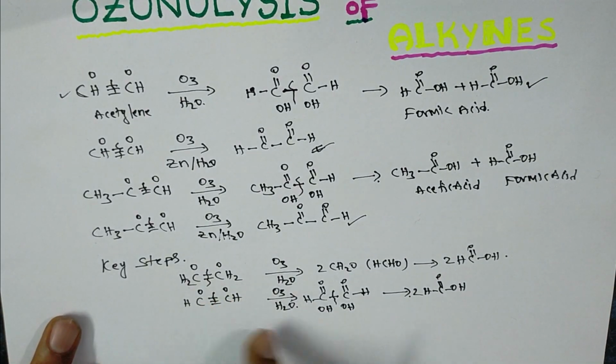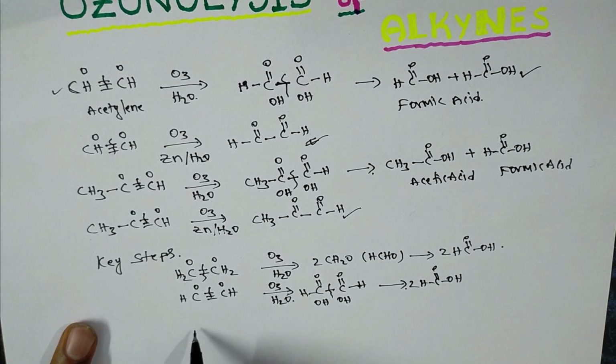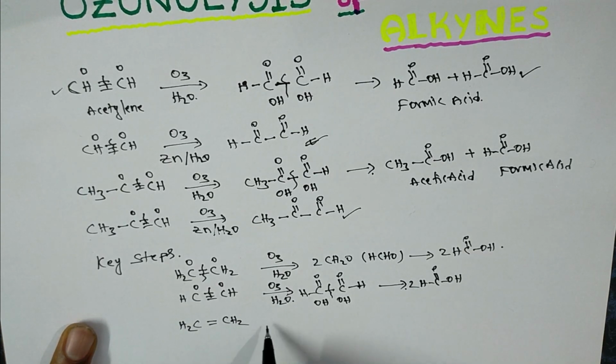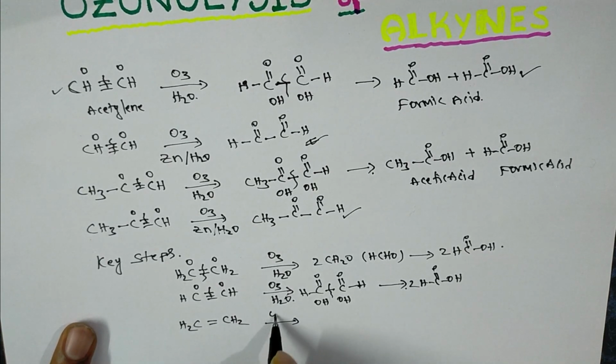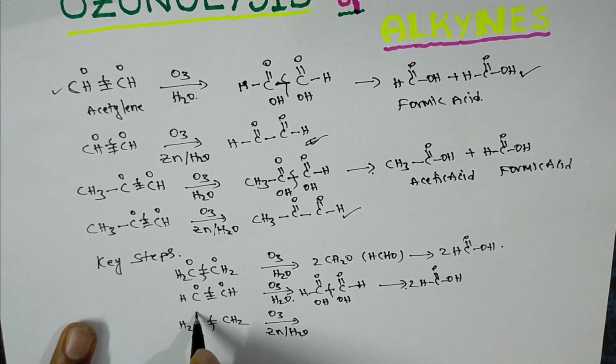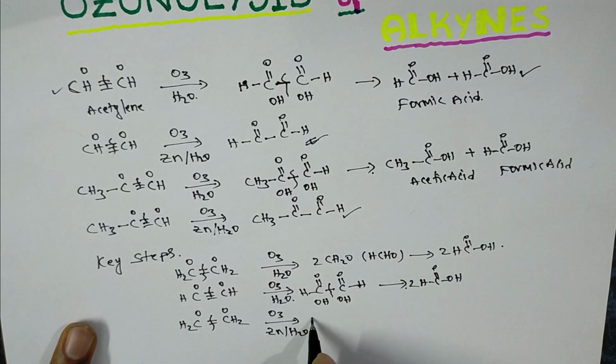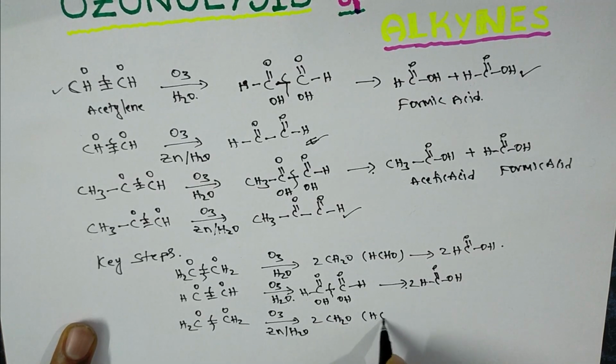Suppose these two reactions are taken in zinc and H2O. CH2 double bond CH2 reacts with ozone and zinc in water. Break this bond, add oxygen, so we get 2 moles of CH2O, that is formaldehyde.